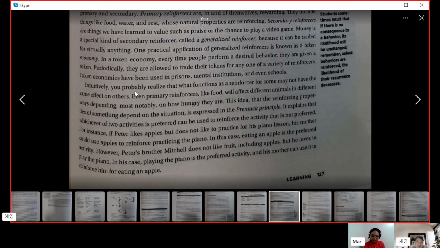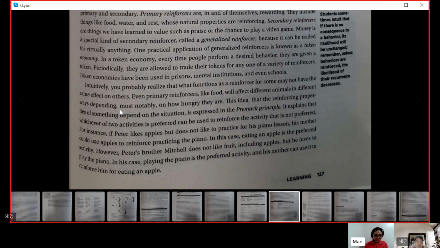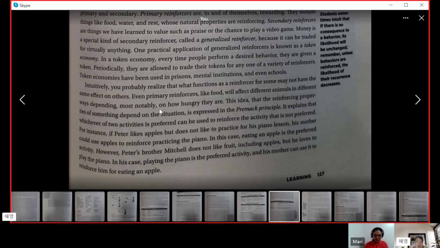Intuitively, you probably realize that what functions as a reinforcer for some may not have the same effect on others. Even primary reinforcers, like food, will affect different animals in different ways, depending, most notably, on how hungry they are.